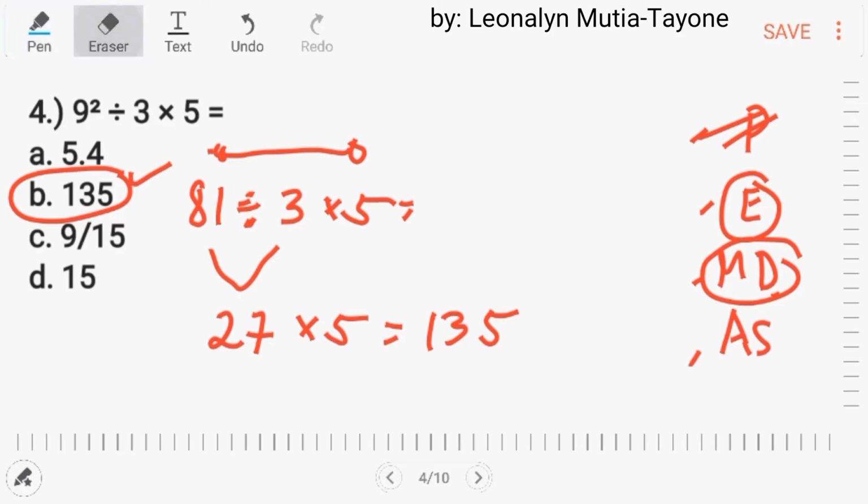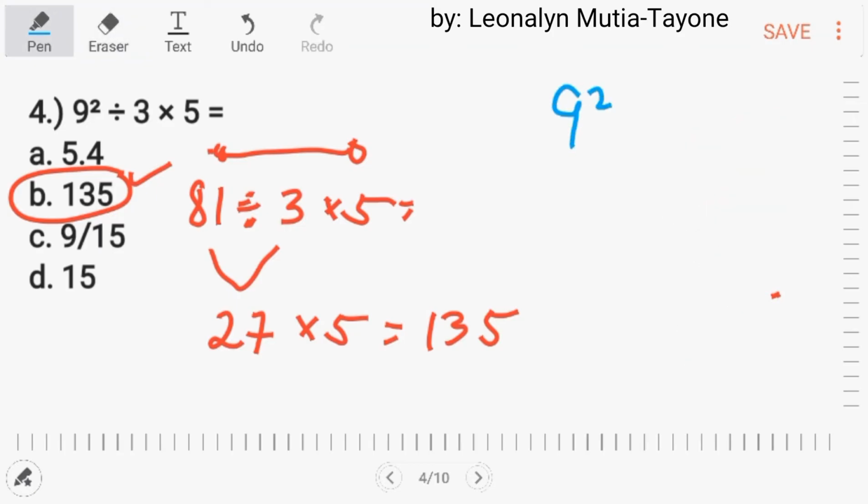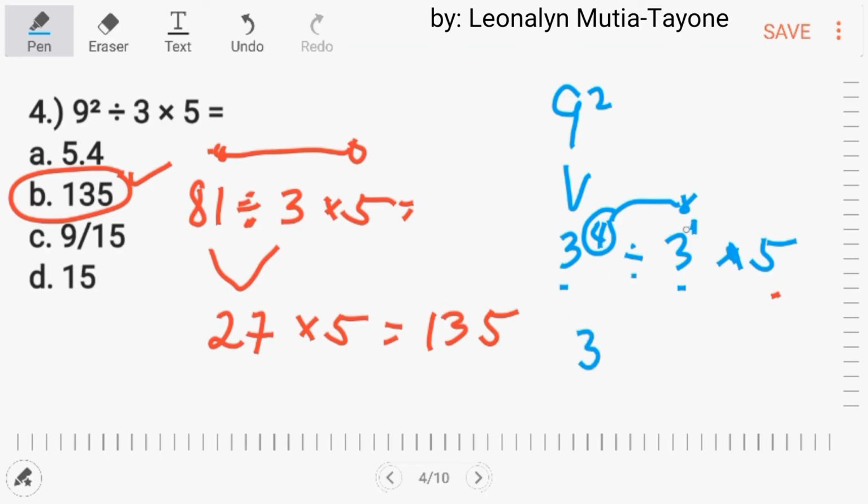Another way is, si 9 squared, gawin mo siyang 3 to the 4th power divided by 3 para pareho sila ng base, times 5. So, 3 to the 4th power, ito naman ay may automatic na 1 ang exponent. Pag division, i-deduct mo lang siya. So, that means 4 minus 1 is 3.